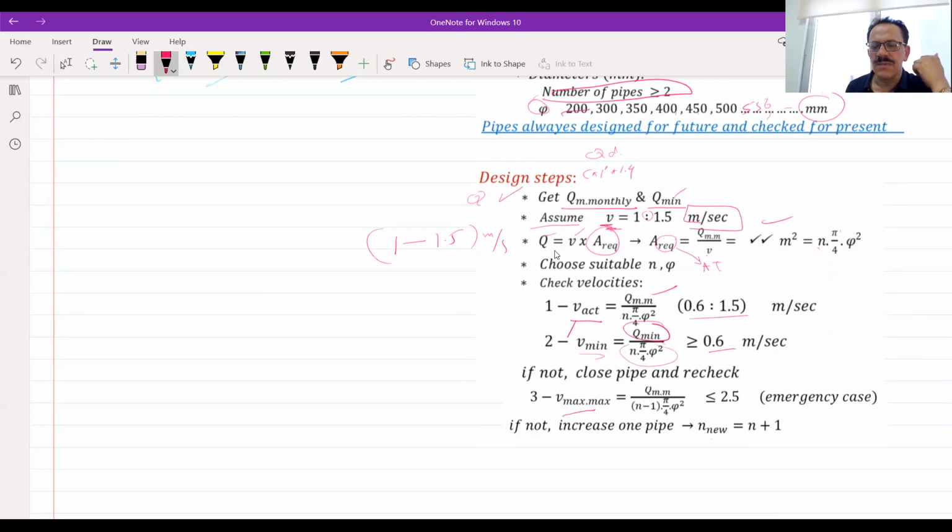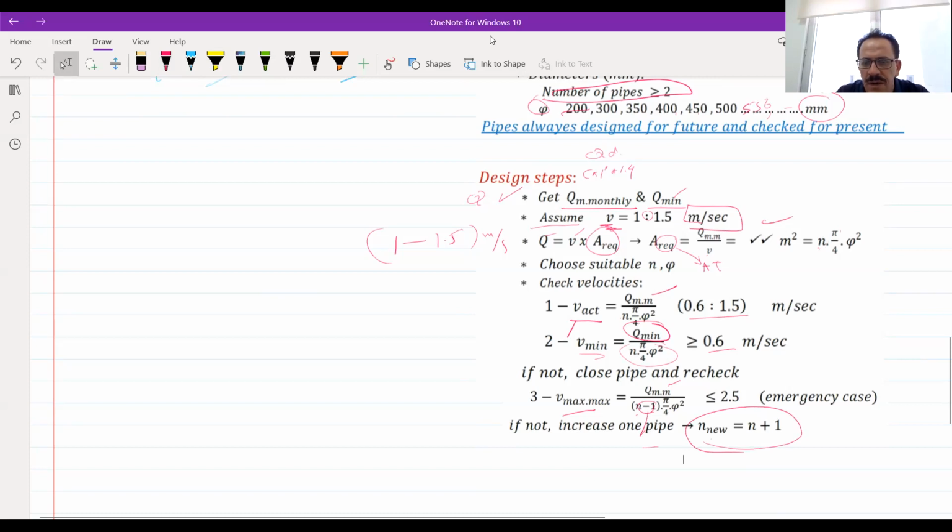Emergency maximum is equal to maximum monthly Q divided by n minus 1. What does that n minus 1 mean? It means that if you have three pipes and one of them is out of service, the load will be distributed along the other two. In case one of the velocities is not correct, you have to increase or decrease the number of pipes. Is that clear?